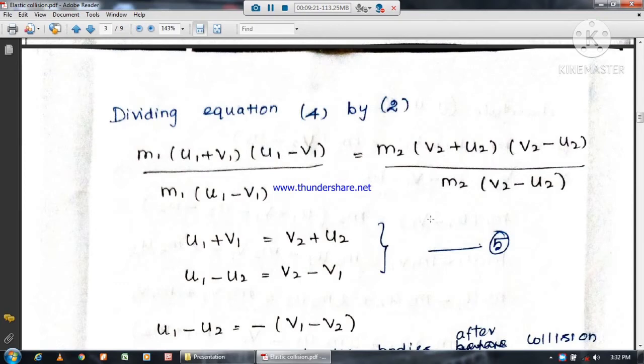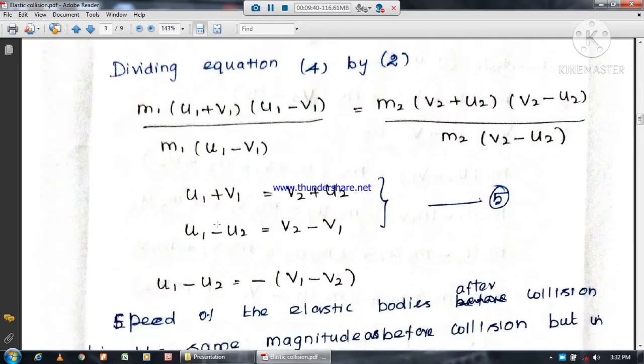Now you cancel this m1 and u1 minus v1, and here also we can cancel this m2 and v2 minus u2. We get u1 plus v1 is equal to v2 plus u2, and we just rearrange this equation, that is we can take this u2 to the left hand side, we get u1 minus u2 is equal to v2 minus v1. This is equation number 5.